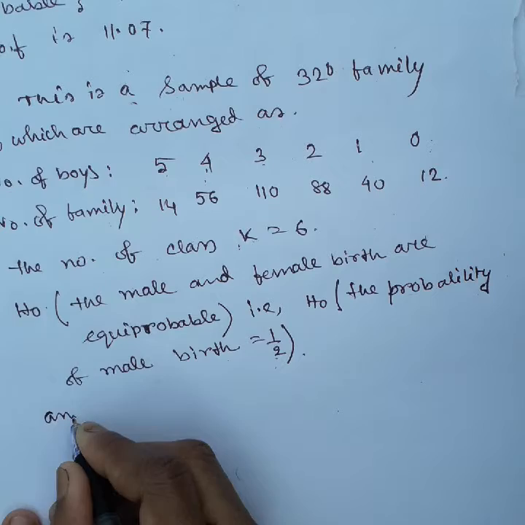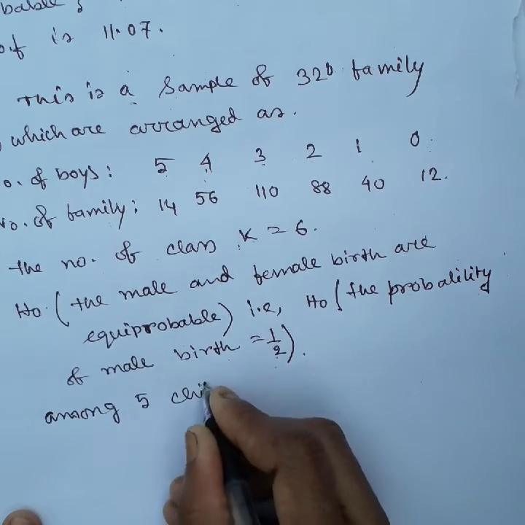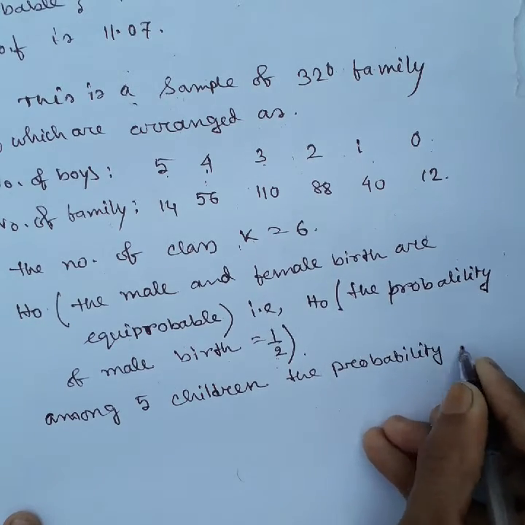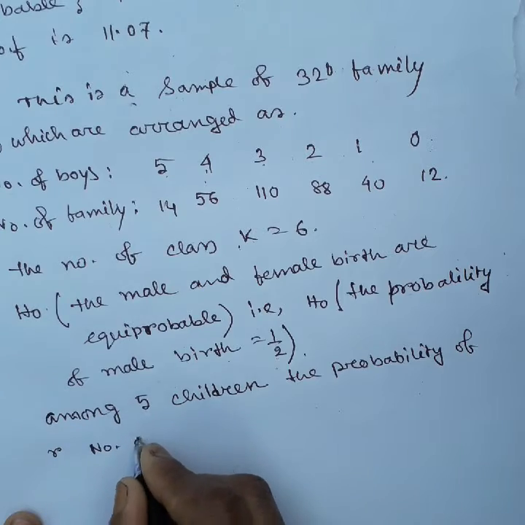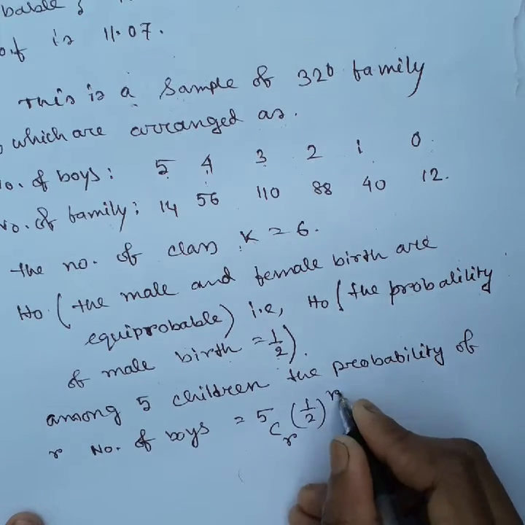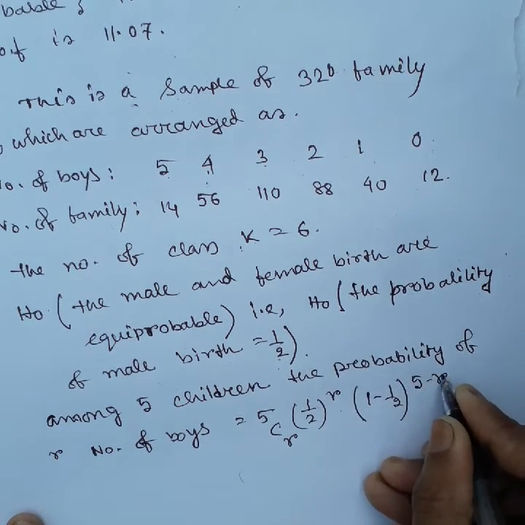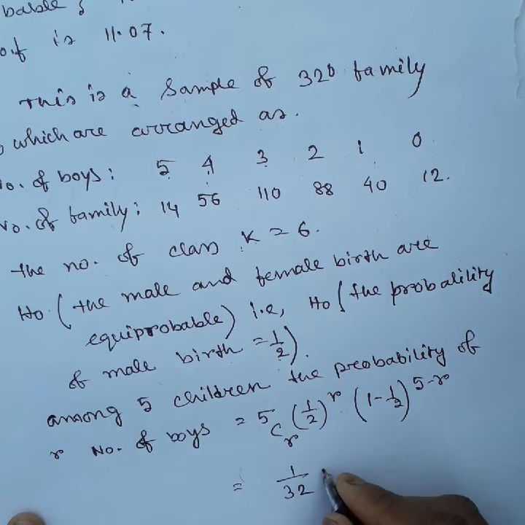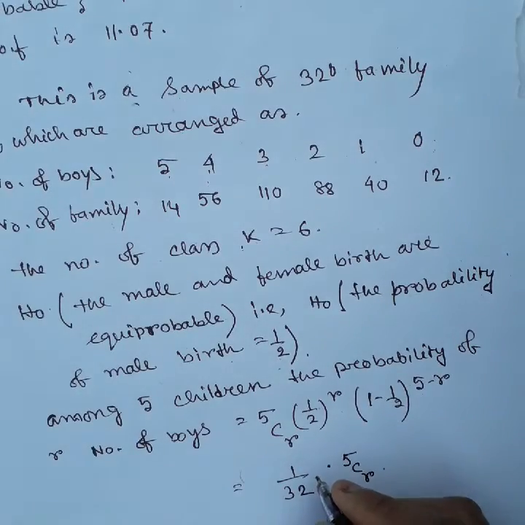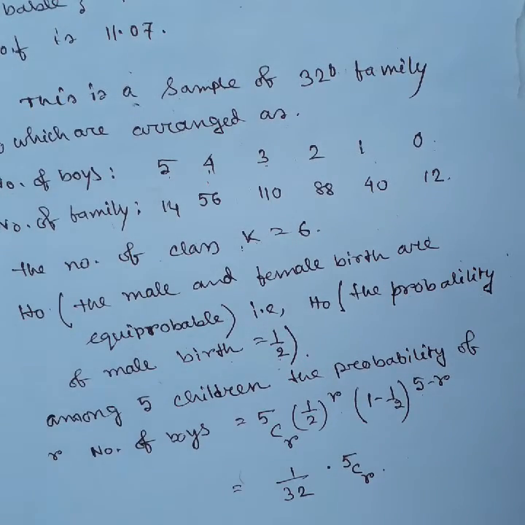So here among 5 children, the probability of R number of boys is equal to 5CR (1/2)^R (1 - 1/2)^(5-R), that is 1/32 into 5CR.